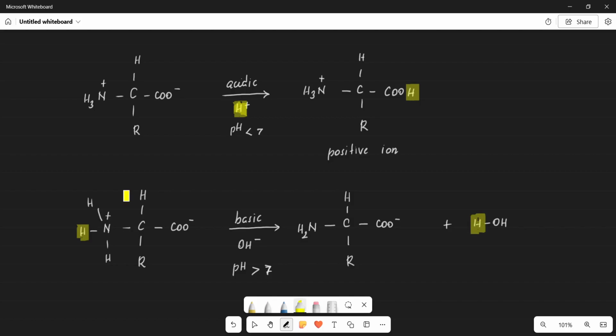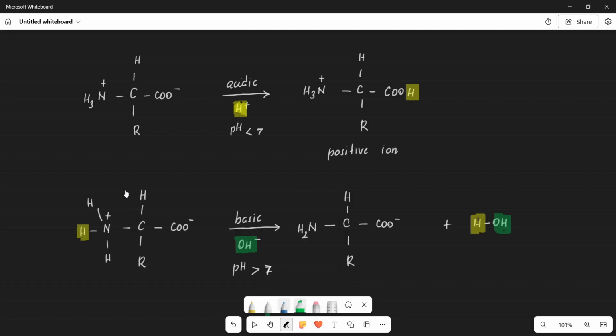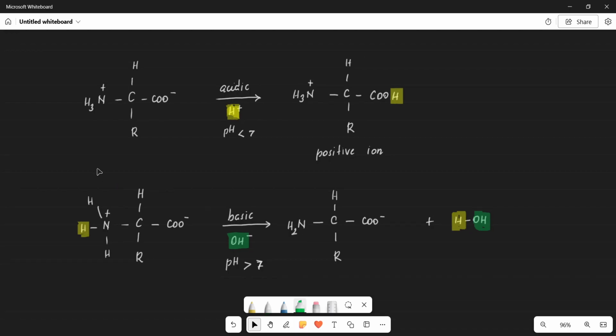So the hydrogen comes from that yellow shaded one. So the remaining becomes NH2. Then if I shade this OH, let me say this is OH. So this OH here and that hydrogen both form water, and the zwitterion now becomes negatively charged. So this is a negative ion.